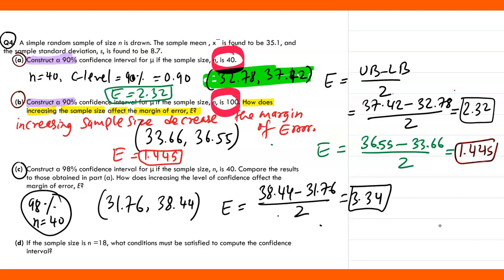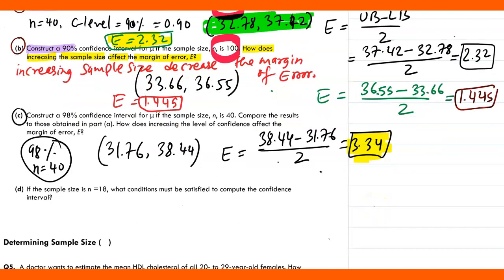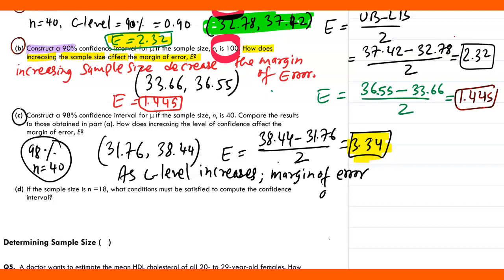Now if you compare this margin of error with the earlier one, what happens? The margin of error is more. Therefore the question is, how does confidence level affect the margin of error? As confidence level increases, margin of error also increases, right?